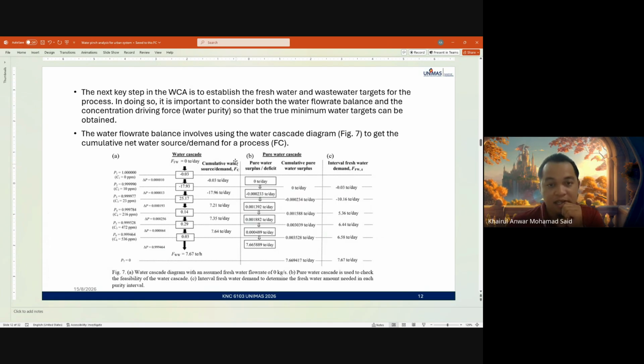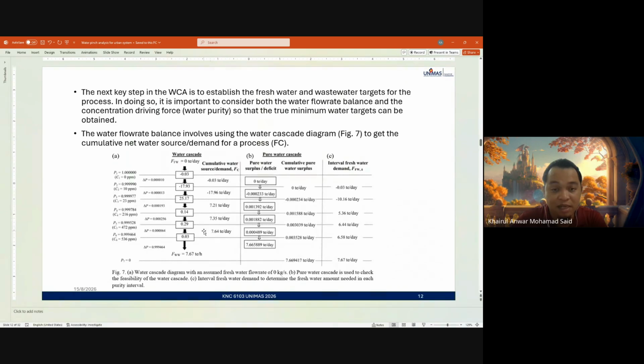Next is doing the cascading. This is the first cascading to find the cumulative water source or demand FC. Start with 0, then 0 minus negative 0.03, you get negative 0.03, and so on.